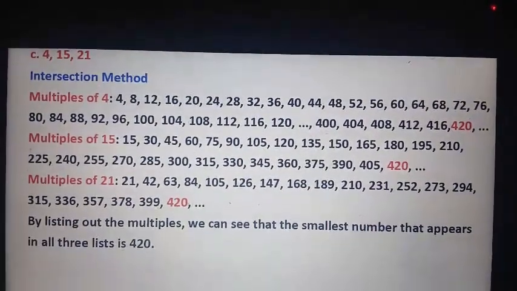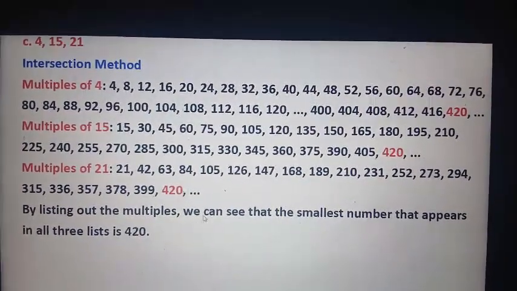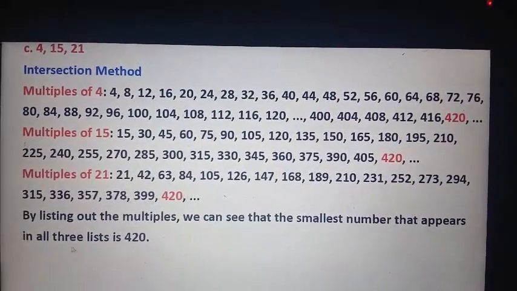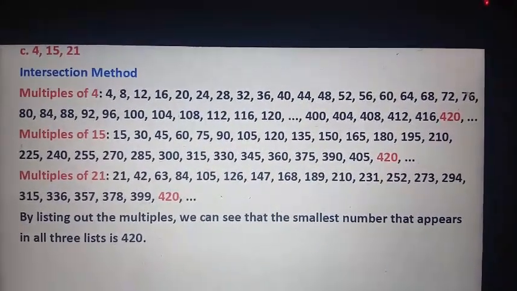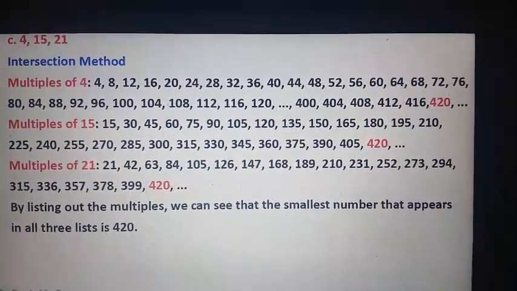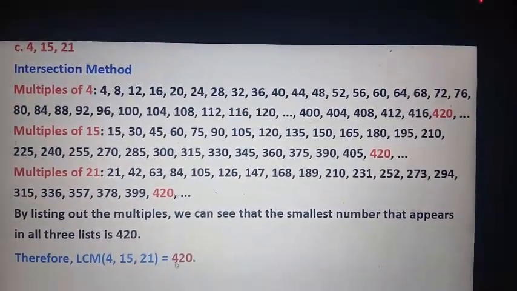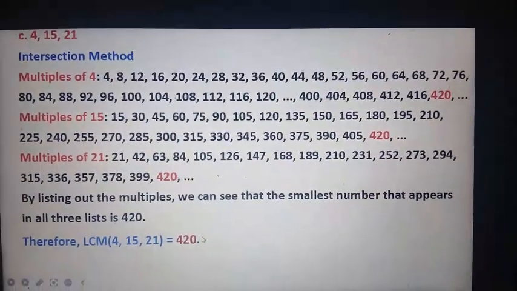By listing out the multiples, we can see that the smallest number that appears in all three lists is 420. Therefore, the LCM of 4, 15 and 21 is 420.